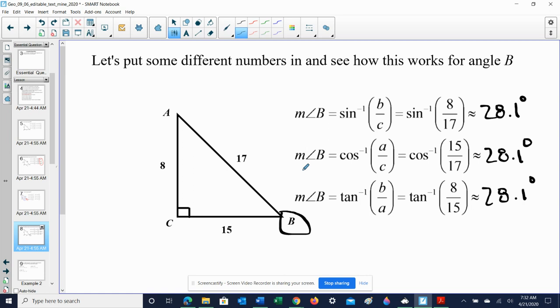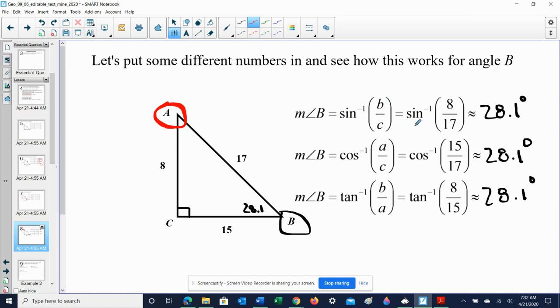So while we're here, let me ask you, we now know that this was 28.1, right? How could I find angle A?